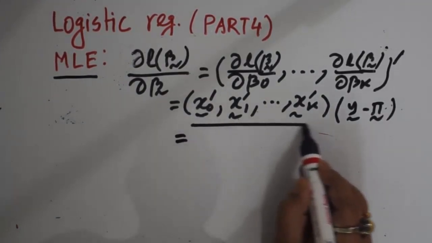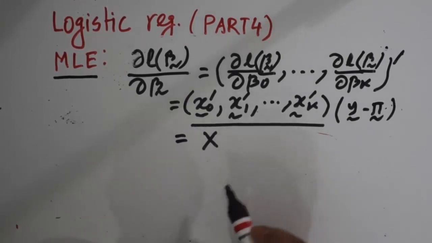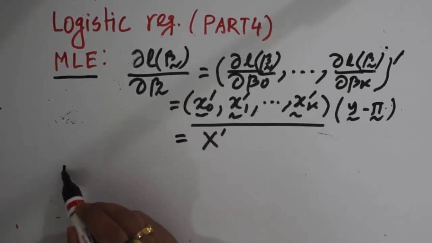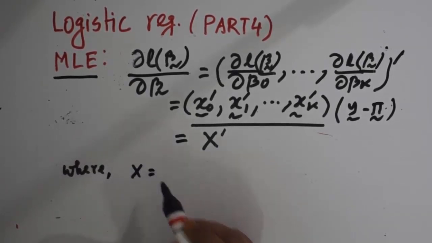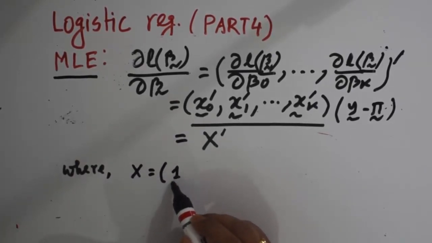So therefore I denote this by a matrix capital X prime, where X is equal to 1 curl.